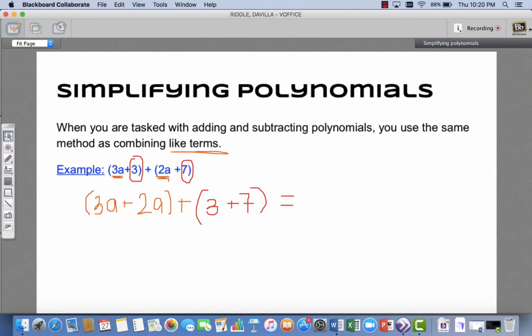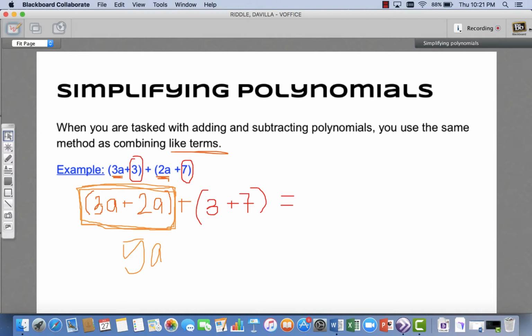And now we're going to do these operations separately because they're different variables in a sort of way. So 3a plus 2a, we can do this one first. Do you know what this would give us, Kyle? Yes, perfect. Good job, awesome.